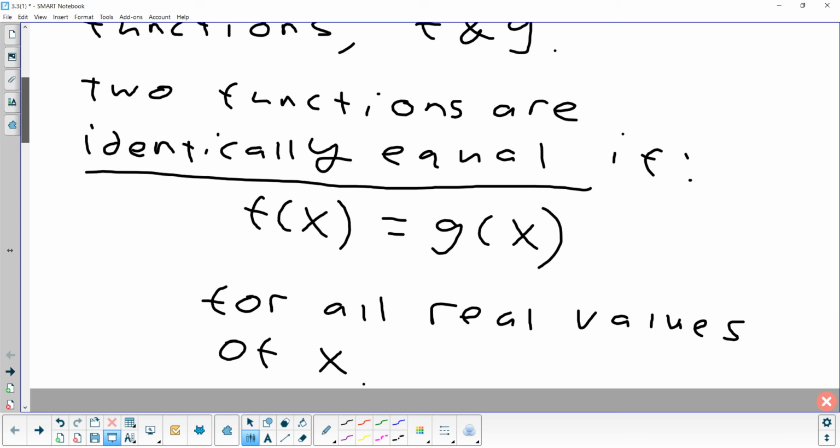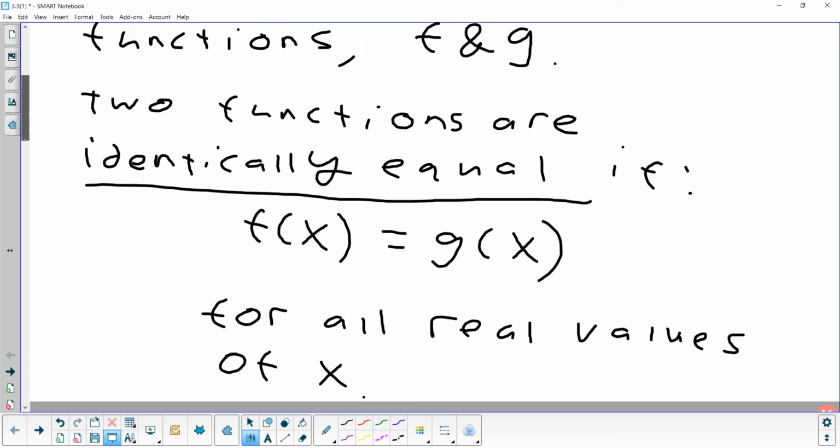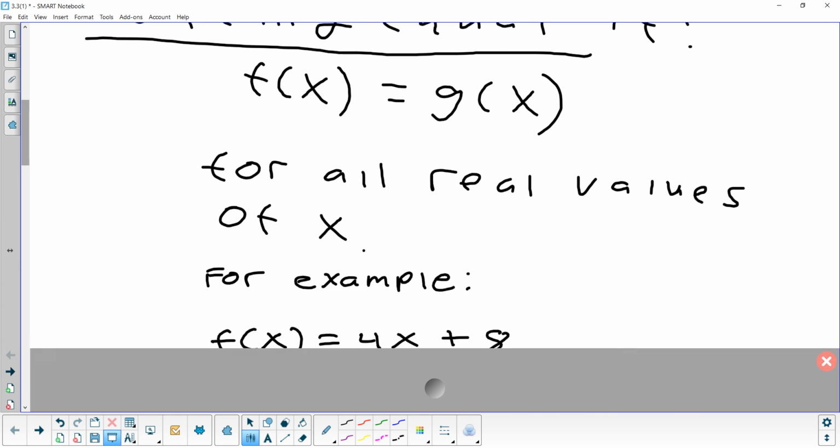So let's say somebody in the class had a formula for f, somebody else in the class made up another formula and they called it g. If I can plug a number into formula f and I can plug that number into formula g and I get the same answer every time, no matter what number I plug in, then that's an identity. Right, let me show you an example.